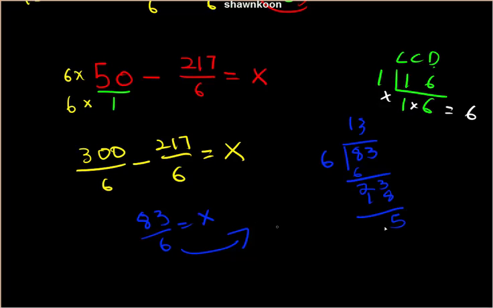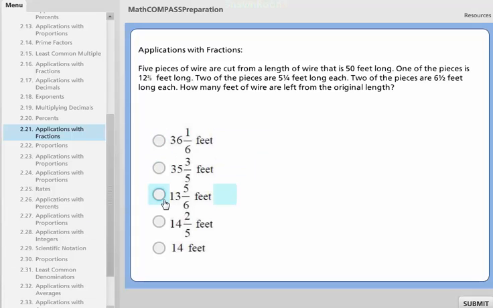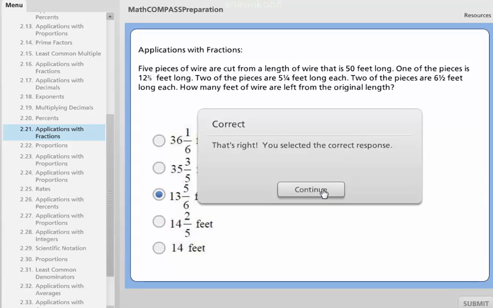So 6 goes into 83 13 times with 5 left over. So this should be our answer. Let's see if this is our answer. And yep, they have that, and we got the right answer.